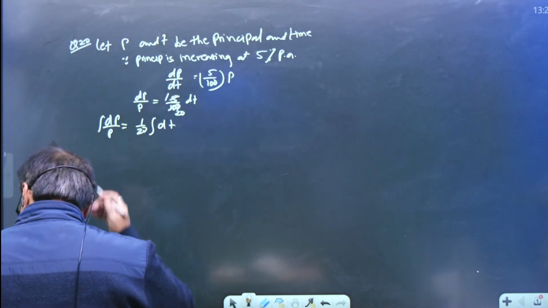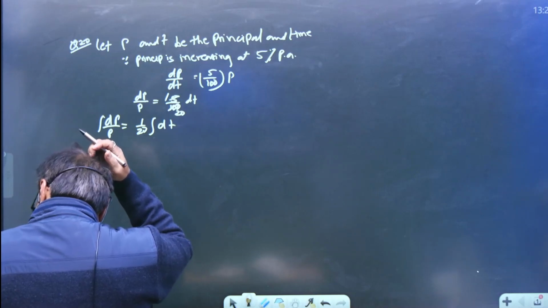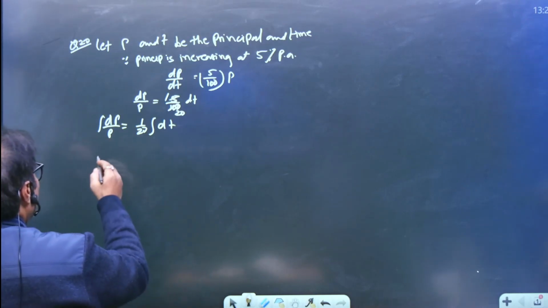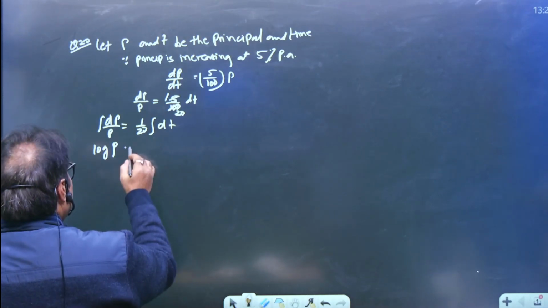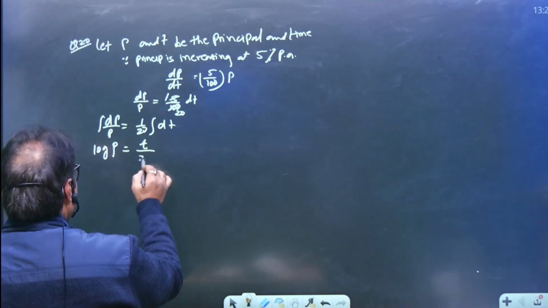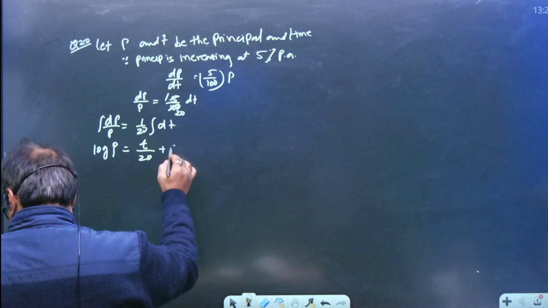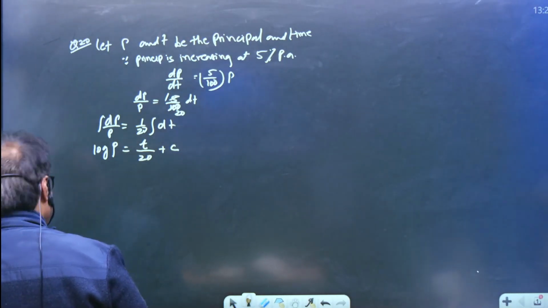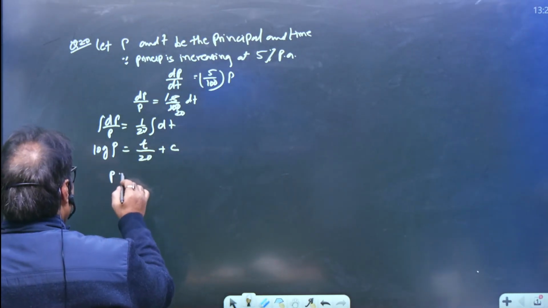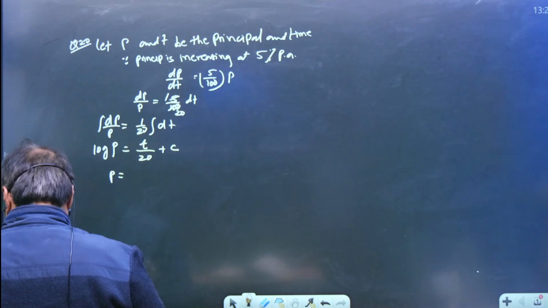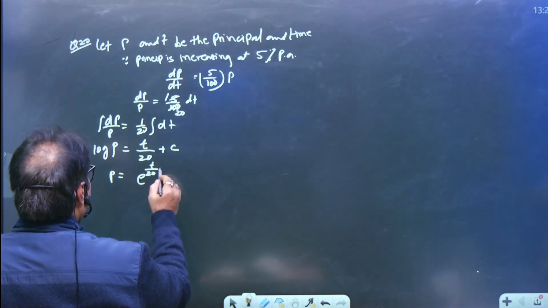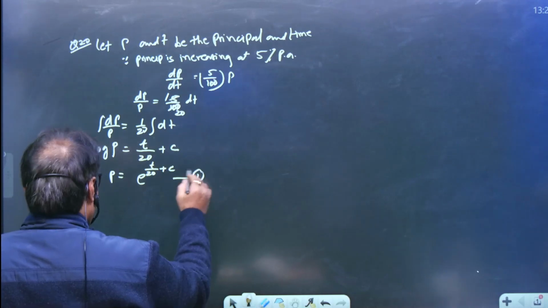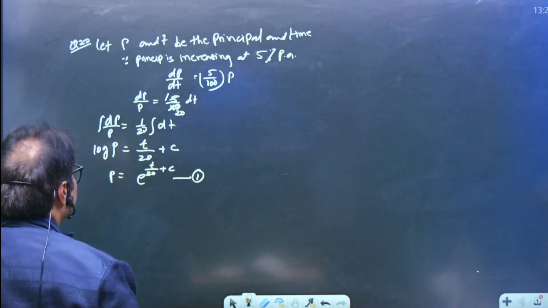So log of P is equal to T by 20 plus C. Okay, so the value of P is equal to e to the power T by 20 plus C, and put it as result number 1.